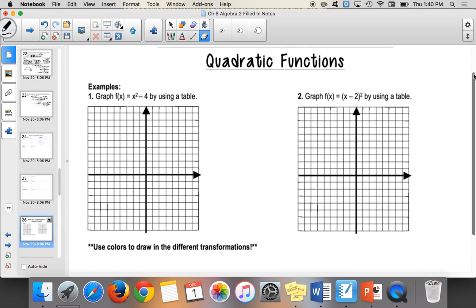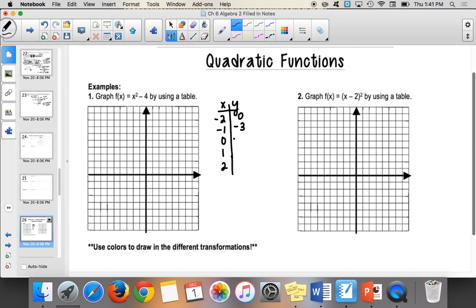So if I have x squared minus 4, and I have a t-table, let's plug in negative 2, negative 1, 0, 1, and 2. When I plug in negative 2, I get 4, minus 4 is 0. When I plug in negative 1, squared is 1, minus 4 is negative 3.